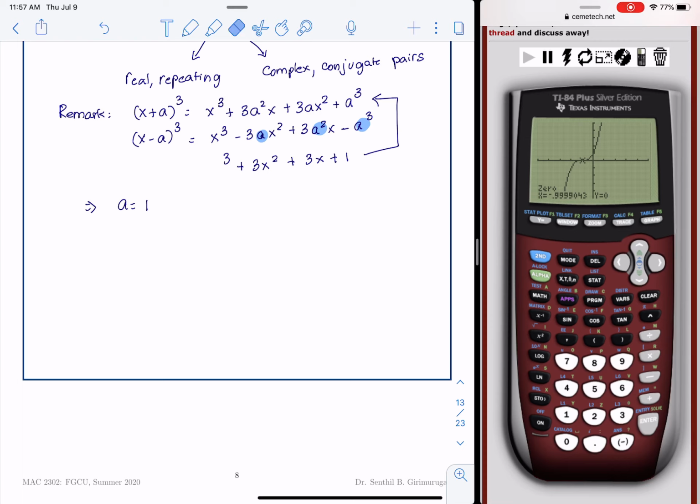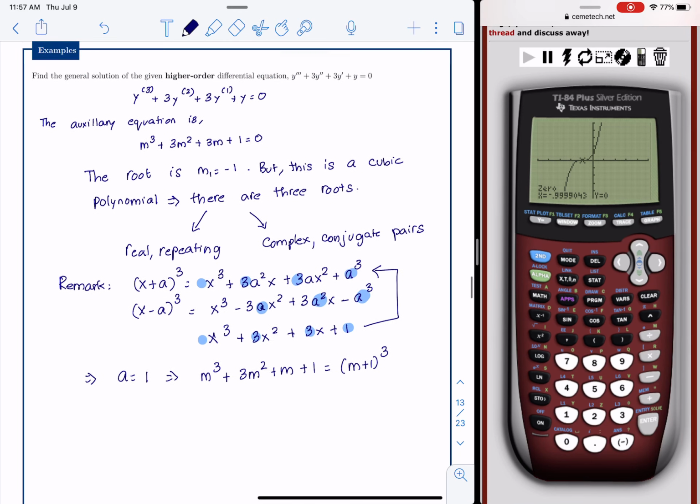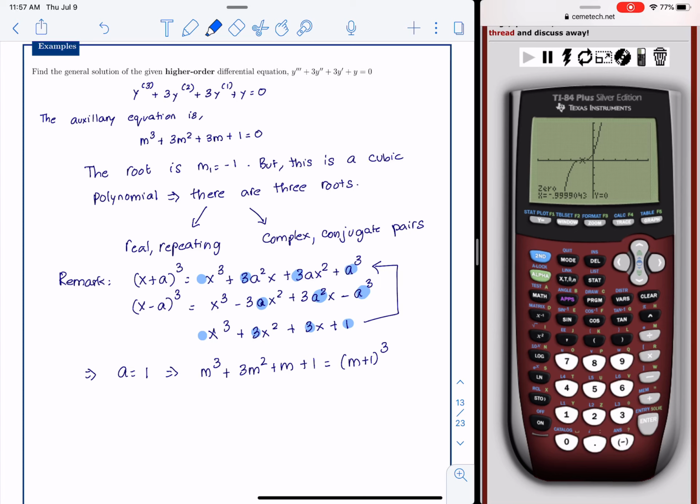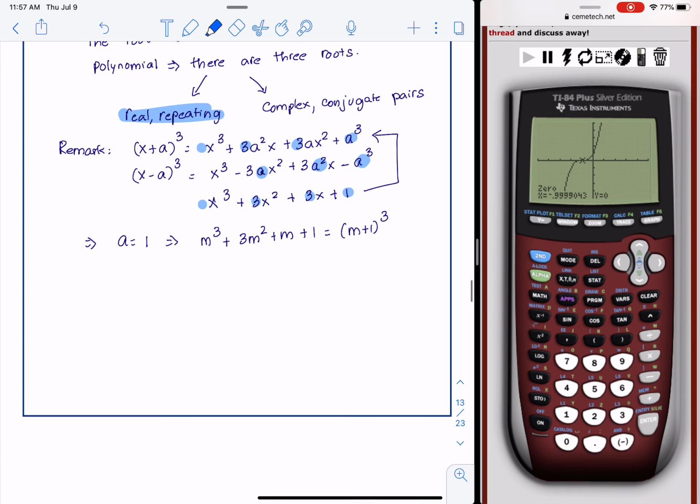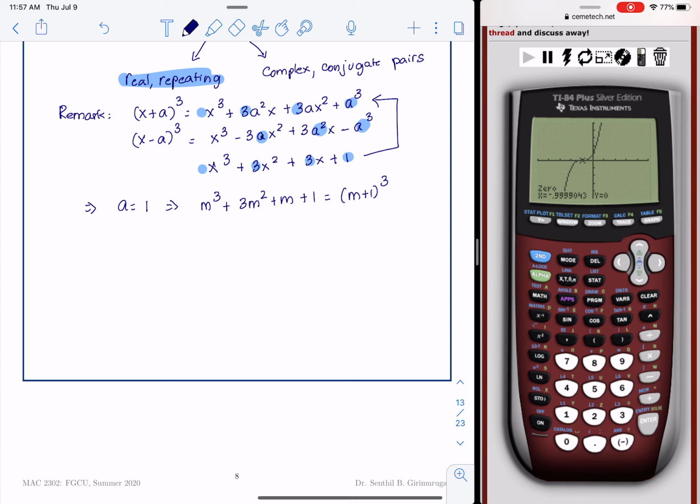So 1 here, 1 there, 3, 3, 3, 3, 1, 1 cubed. So a is 1. This would imply the auxiliary equation m cubed plus 3m squared plus 3m plus 1 is simply m plus 1 cubed. So the m1 equals negative 1 that we found is real and repeating. And the three roots are m1 equals m2 equals m3 equals negative 1.